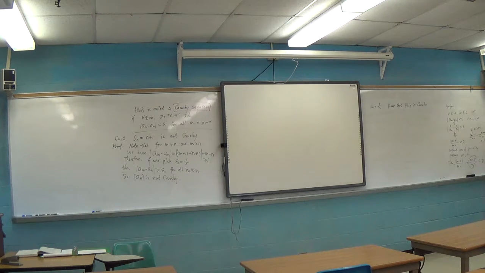Then this is less than 1 over m. If n is greater than m, then the absolute value of m minus n is just n minus m, and this is less than 1, so this is less than 1 over m. Therefore, we can see that this is less than either one.